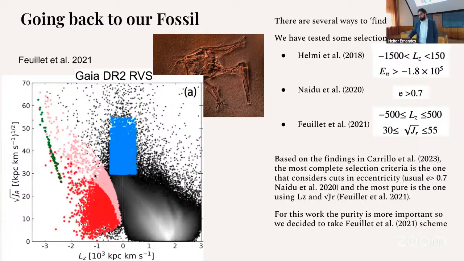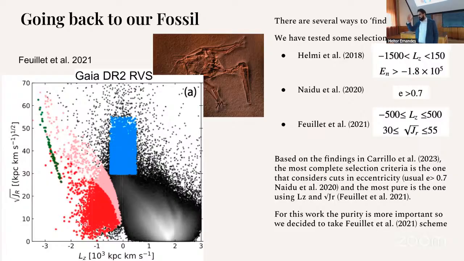It just picks a lot of those stars that we have here. While the poorest one is the one using the actions, so the angular momentum and the square root of JR. So we decided to adopt that because we're aiming for purity also, because we don't want the trends that we see in the abundances to be misled by some in situ population or the disk there.